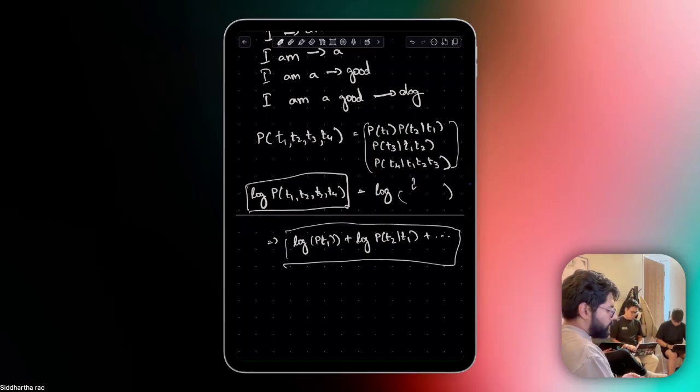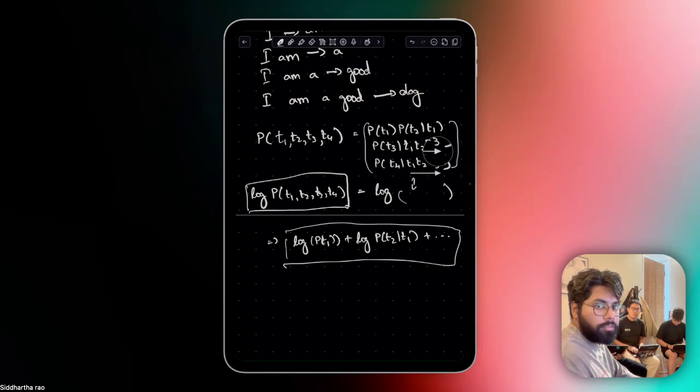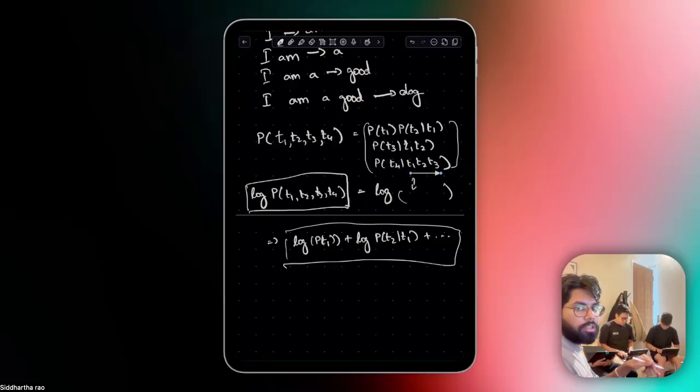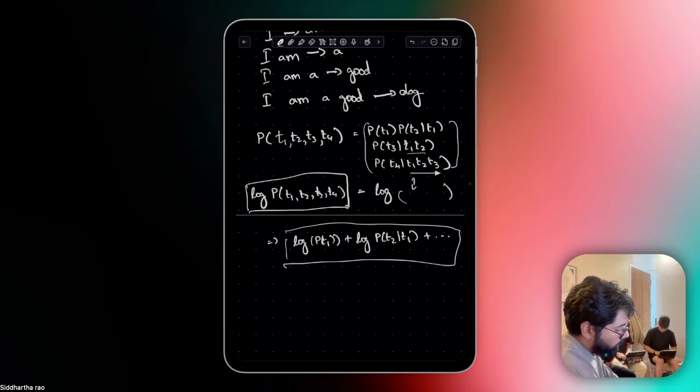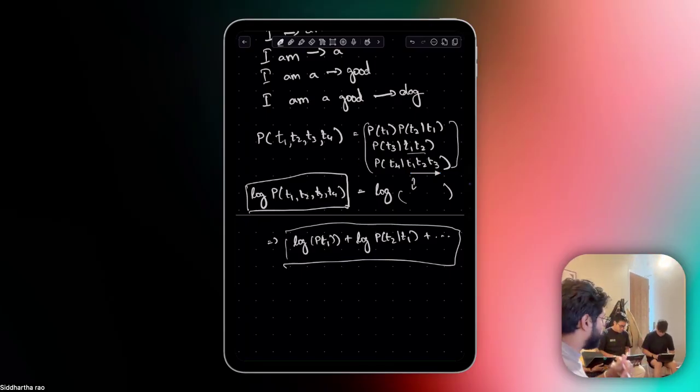If you notice the structure here, we are looking at the probability of T2 given T1, and the probability of T3 given T1 and T2, and so on. So that's basically the next token prediction, because what this is telling us is that you look at tokens T1 to T3 and try to predict T4, and you look at tokens T1, T2 and try to predict T3, and that's the probability distribution you're trying to model.